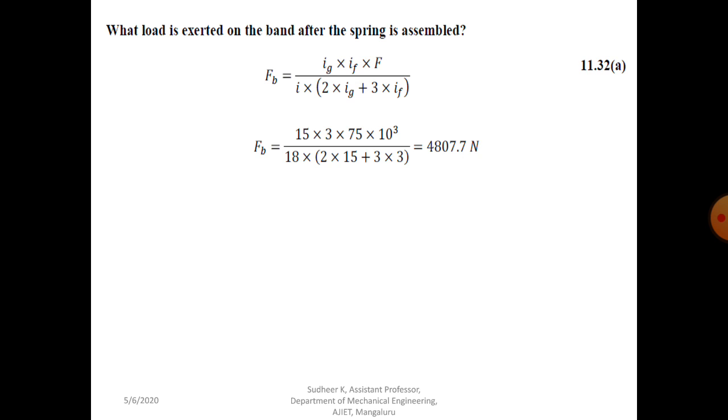As well as nipping, which means you have to find out the value of c, that is the initial gap between the full length leaves and graduated leaves. And one more thing, you need to find out the effective length of the spring, which can be calculated as L minus LB divided by 2. And we also have to find out the force acting on the band. So these are the possible questions.